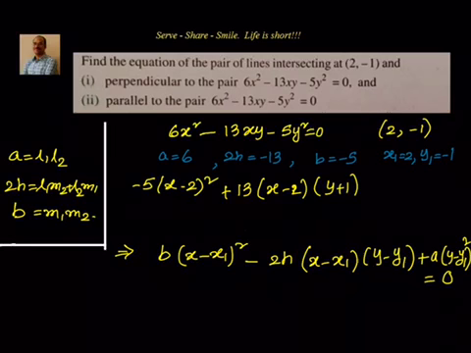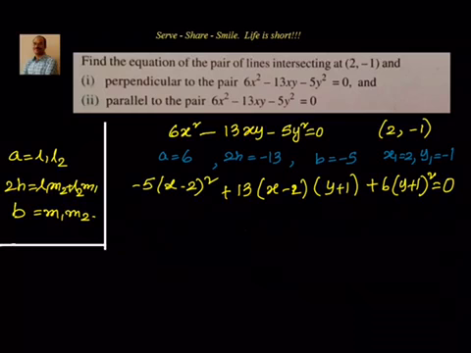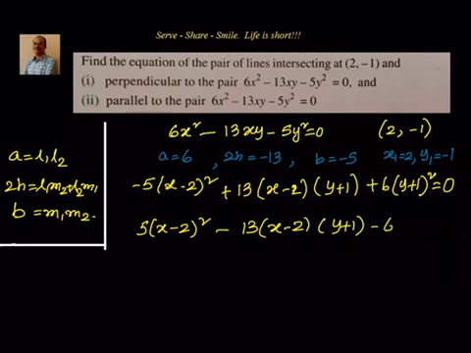Afterwards I have plus a, that is 6 into y minus y1 whole square, that is y plus 1 whole square equal to 0. Let's multiply with minus so that we can make it easy. Next step will be 5 into x minus 2 whole square minus 13 into x minus 2 into y plus 1 minus 6 into y plus 1 whole square equal to 0.